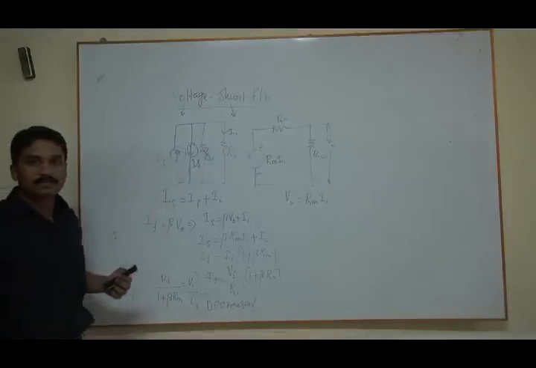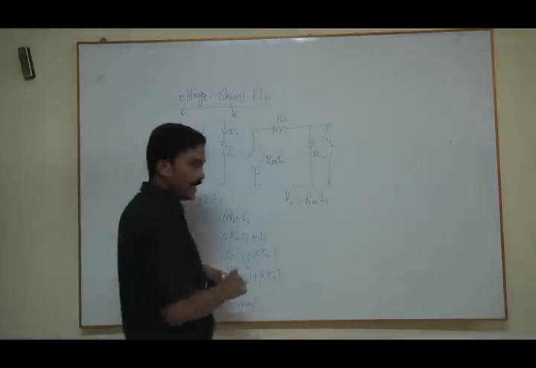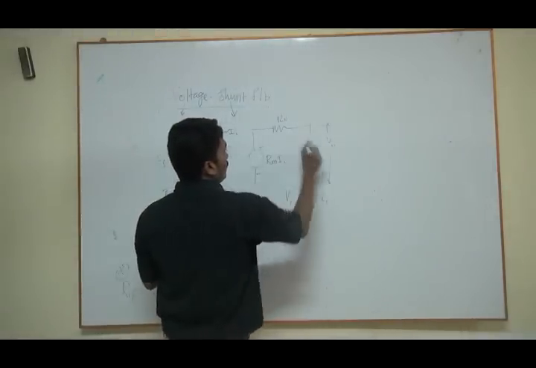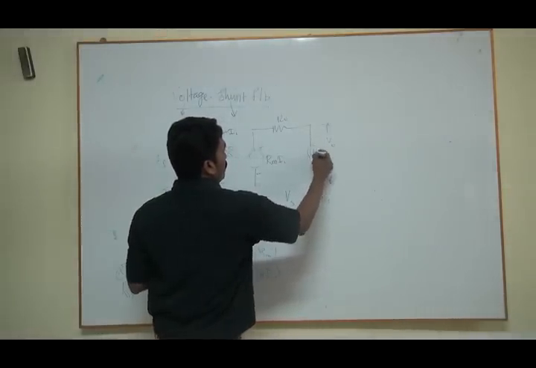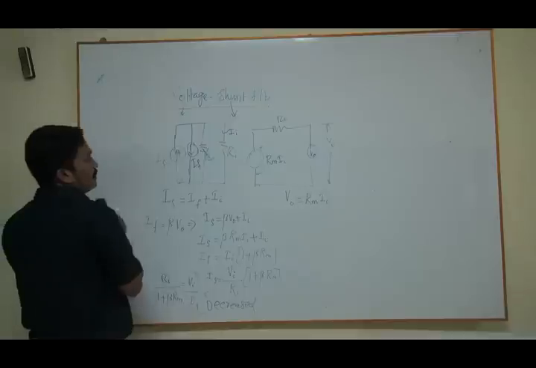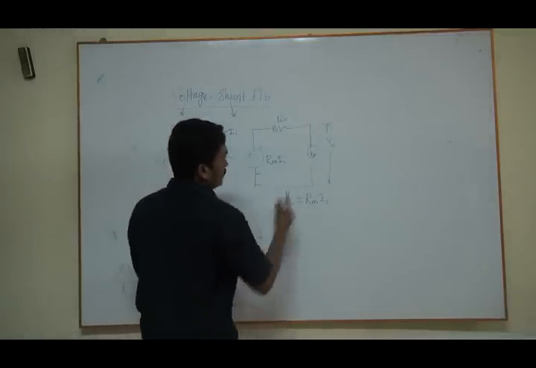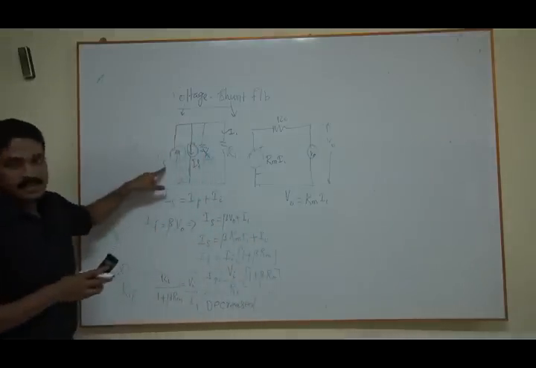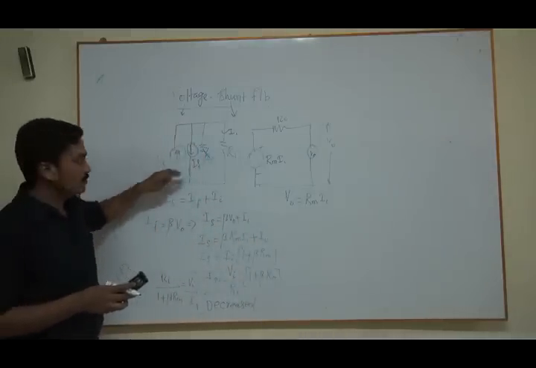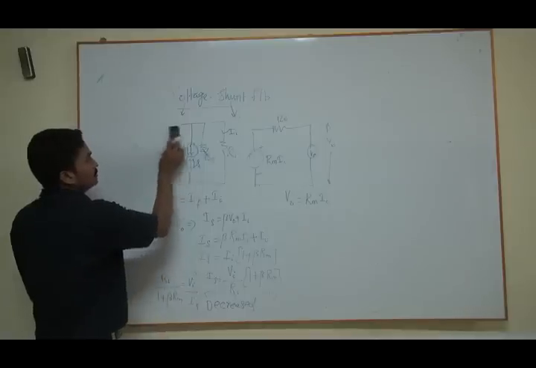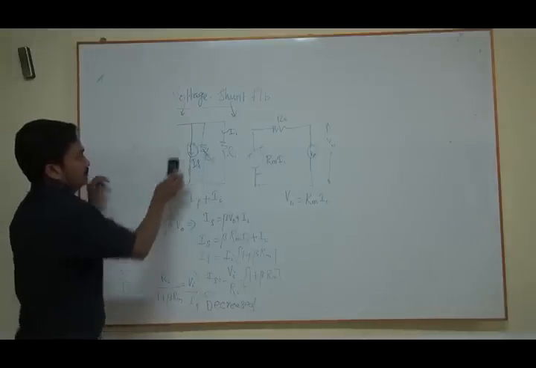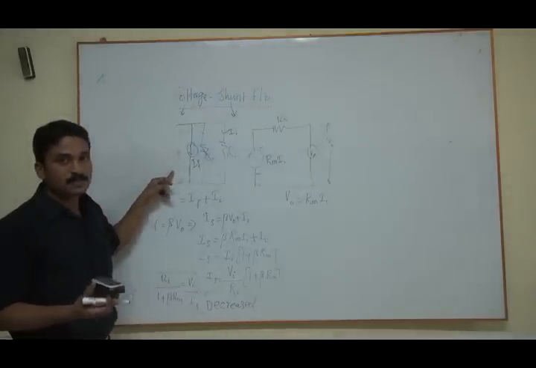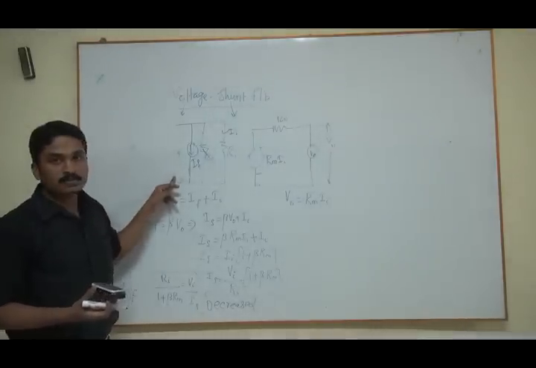And what about R naught F? Again the same. Remove RL, and instead of RL, you just add V naught for output side, and source must be 0. If it is current source, you just make it an open circuit, because in short circuit your current is maximum, so we cannot make short circuit for current source.